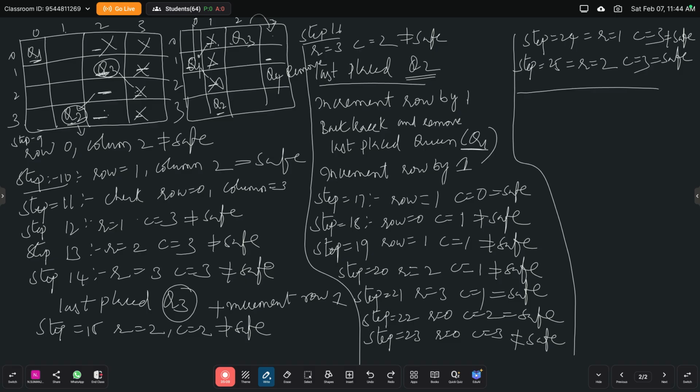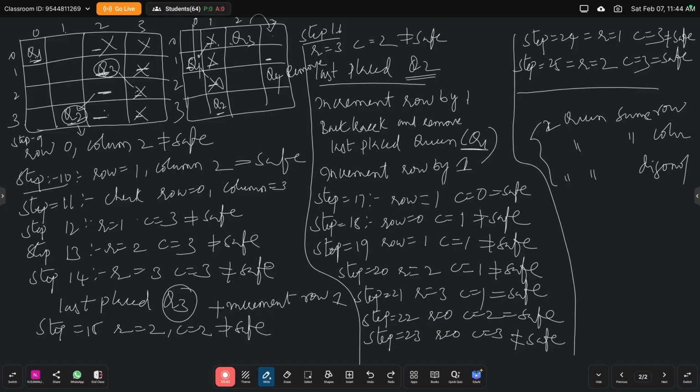No two queens in the same row, no two queens in the same column, and no two queens in the same diagonal. We have to check each and every box individually, whether it is safe or not.